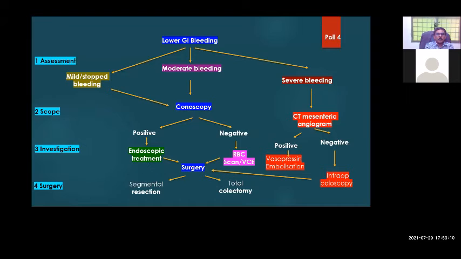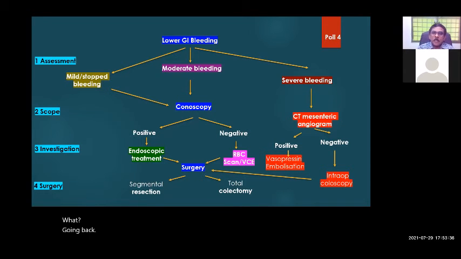Okay, so most of you got the answer right. It involves a rectosigmoidectomy, removing the upper part of the rectum and the sigmoid, because it is usually due to diverticular bleeding in the sigmoid colon. So you have to remove the sigmoid plus the upper part of the rectum, and then you join back the descending colon.